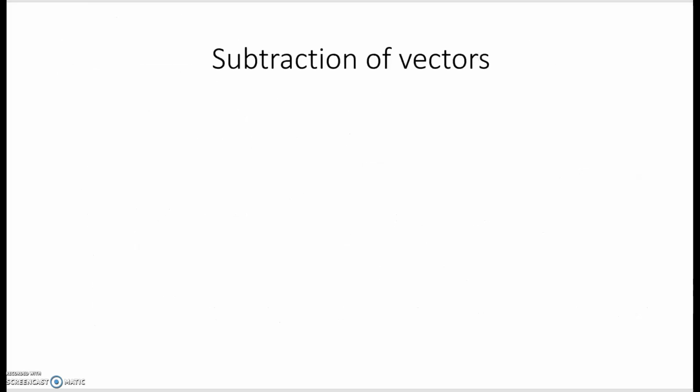As I've already mentioned, subtraction is just going the opposite, but it does mean we need to think about what a negative vector is. A negative vector is one that just goes the other way. It's the same magnitude but going in the opposite direction. So we can subtract by adding the negative. So if we want to subtract b from a, we would say it was vector a plus the negative of b.